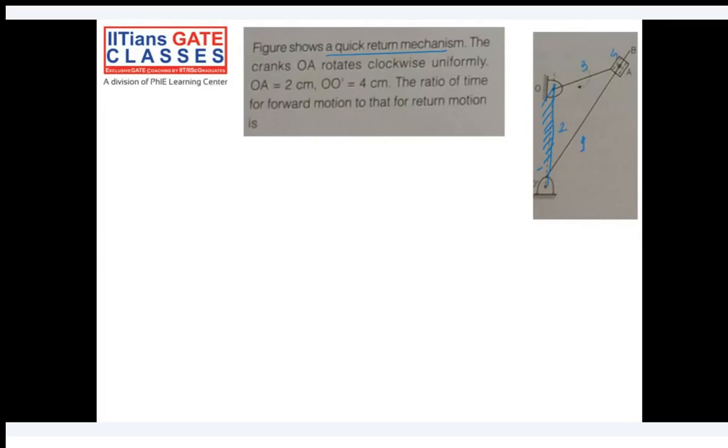Okay, but now they are calling this a crank. So the crank OA is rotating clockwise uniformly. OA is given as 2 centimeter. O dash is given as, so this is O dash basically, 4 centimeter.